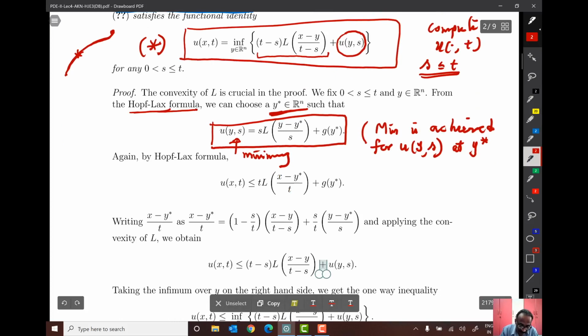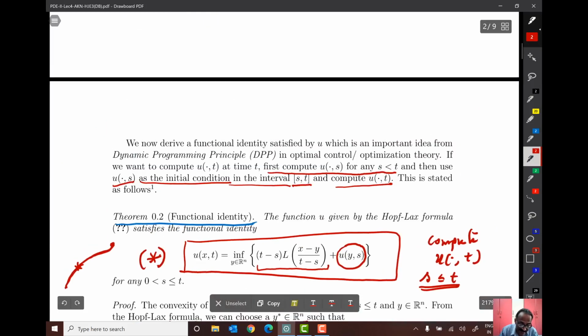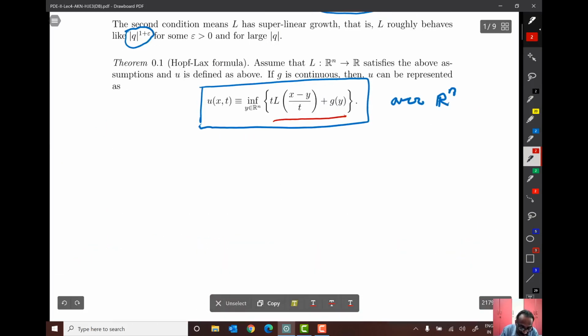Okay. So hence you apply again the Euler-Lagrange formula for UXT. UXT is again a minimum. Since it is an infimum, this is true for any y. UXT will be less than or equal to this bracketed quantity for any y. In particular, UXT will be less than or equal to that at y star.